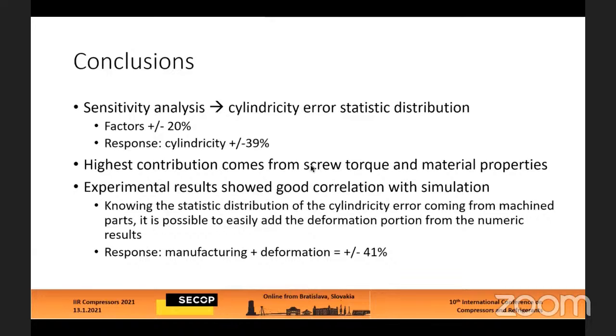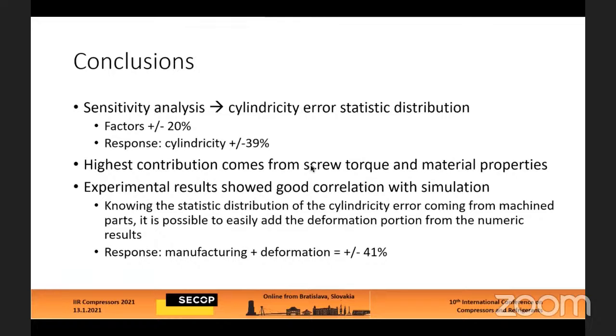As the experimental results showed good correlation with the simulation, and knowing the distribution of the machine parts that we measured experimentally, it's possible to easily add them together, the deformation part and the manufacturing part, and we have a total cylindricity distribution of plus minus 41% in this case, noting that, of course, the maximum is different. So it's only the percentage amount we are discussing here.